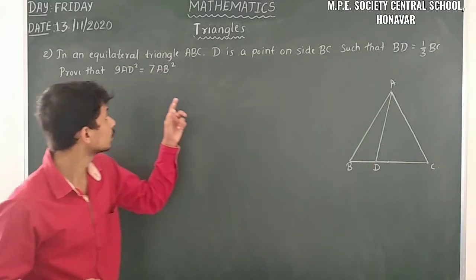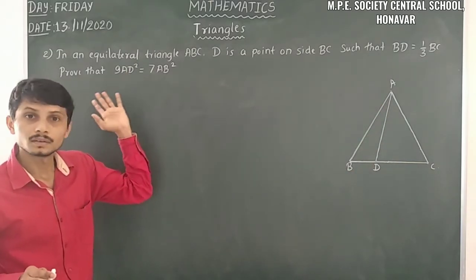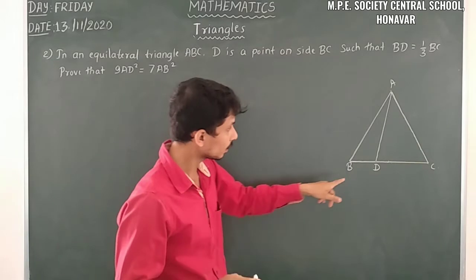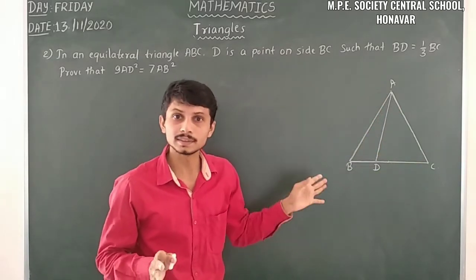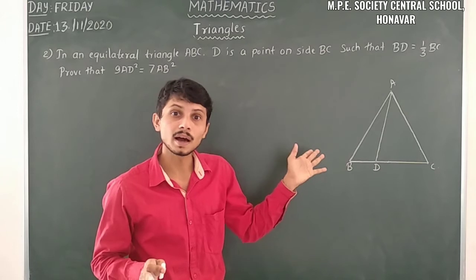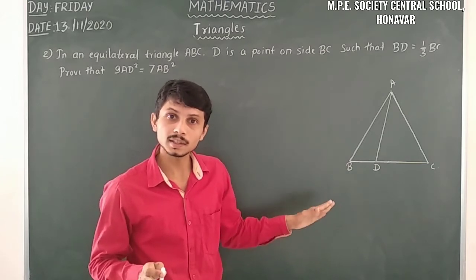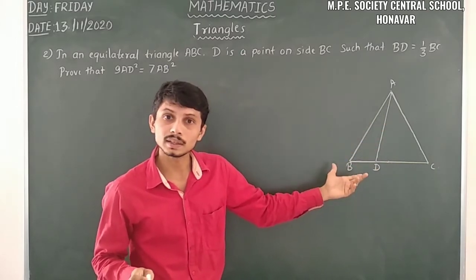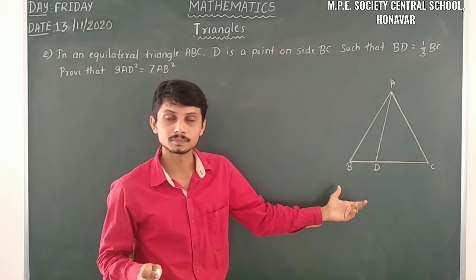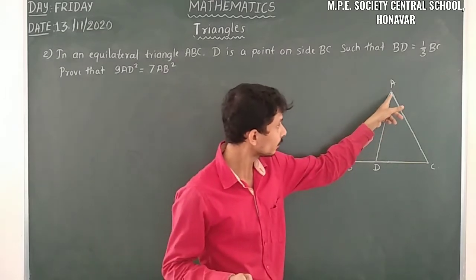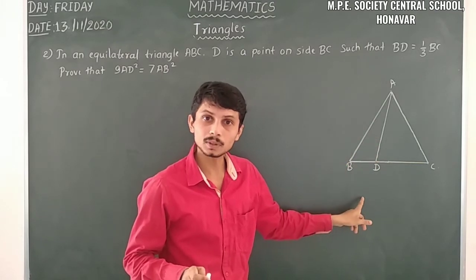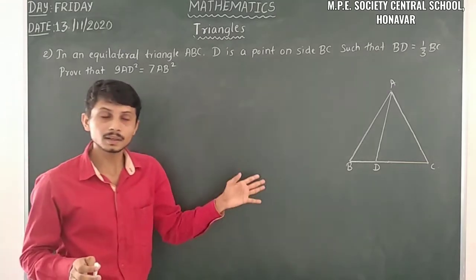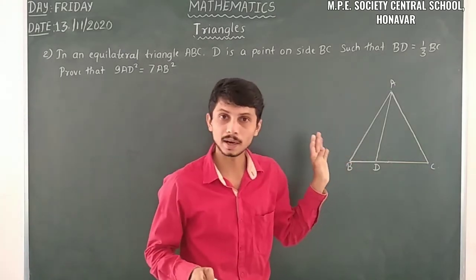In the left hand side of this equation we have AD square, so we have to consider AD as the hypotenuse. But there is no right angle triangle for the AD line. If we take AD as a hypotenuse, then we can prove that, but the problem is that there is no right angle triangle here.